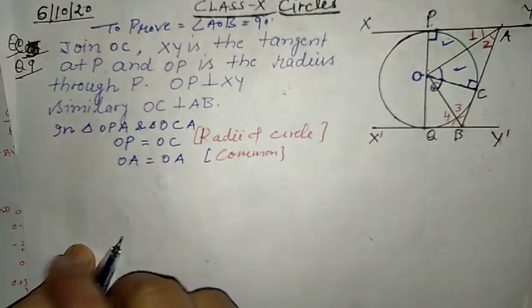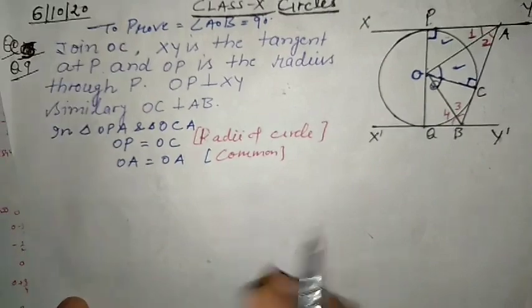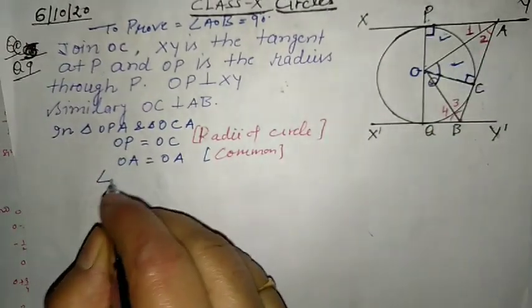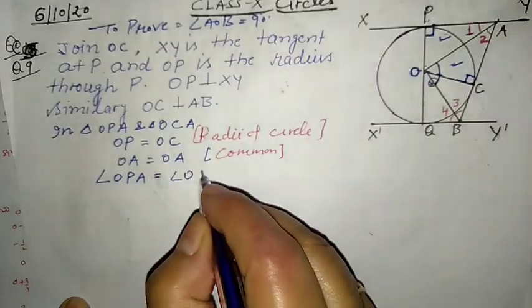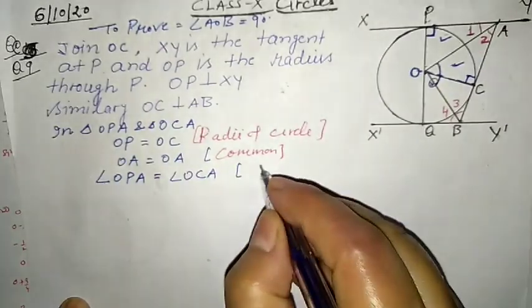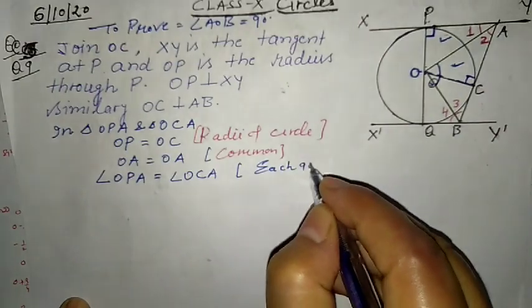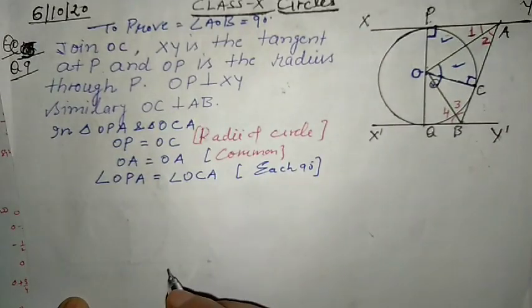Now, angle OPA is equal to angle OCA, each 90 degrees, because we have proved above.